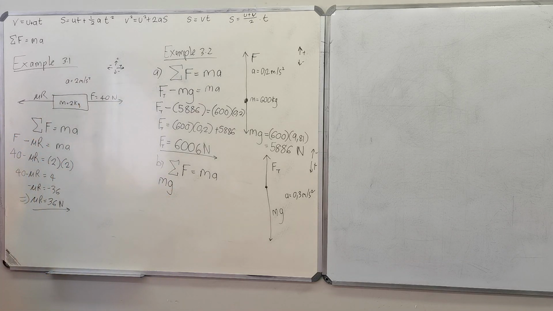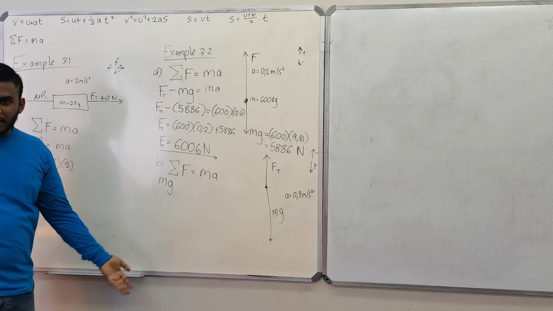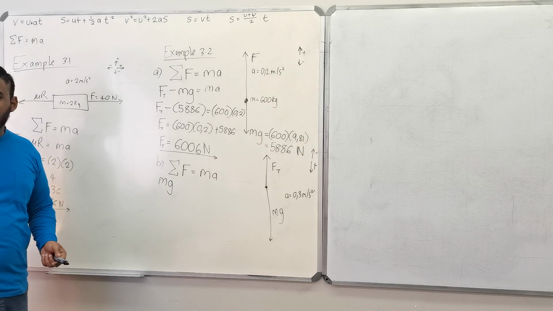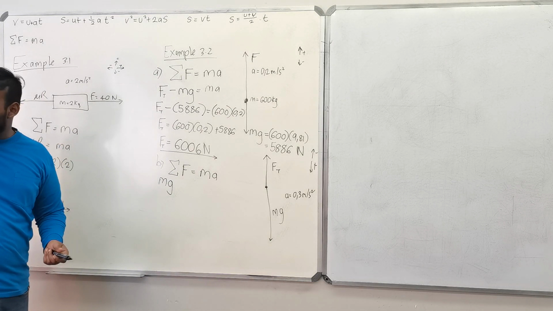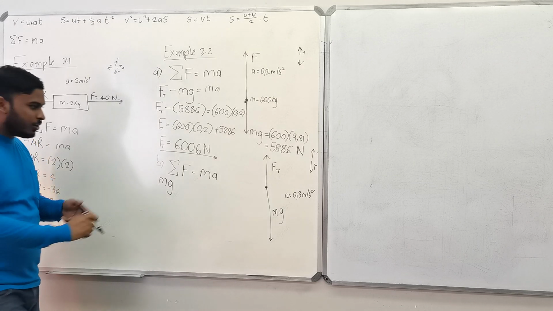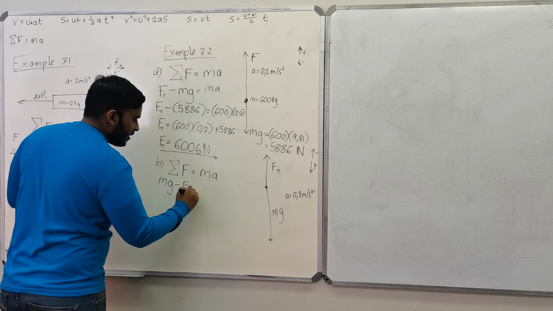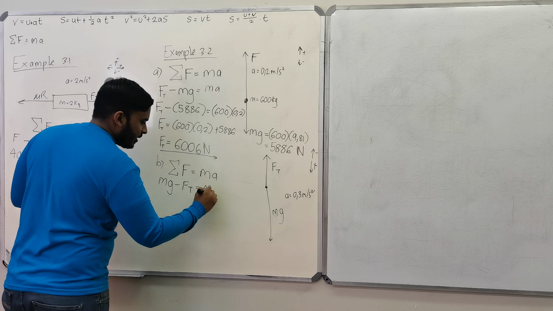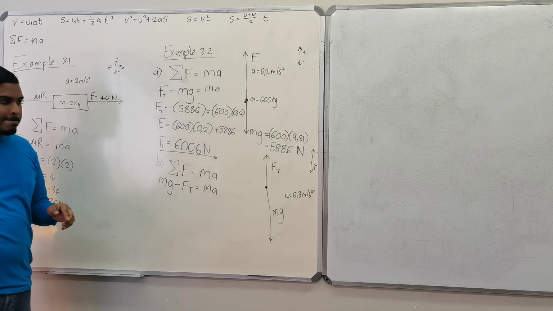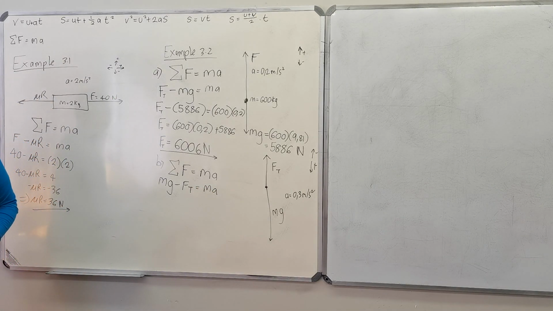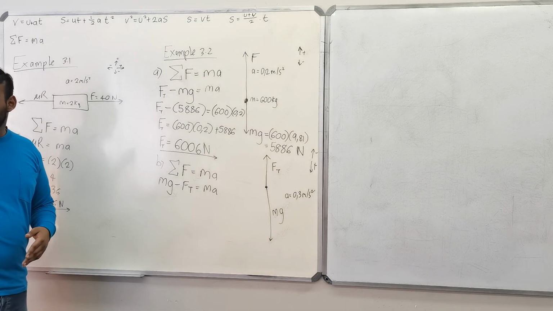So mg, and then what would you write after that? Minus FT, minus the tension force. Why? Because now your tension force is pulling it up while it's moving down. So this would be mg minus FT is equal to mass times acceleration. It's like vectors, but it's not as bad as that, I promise you.